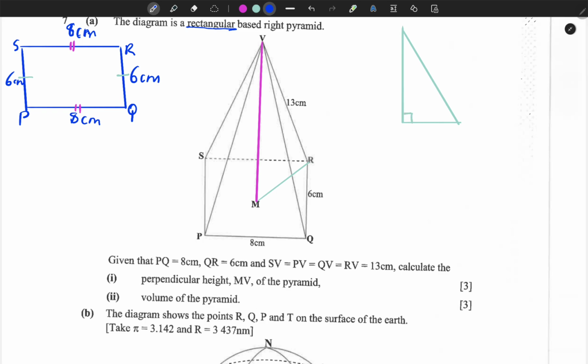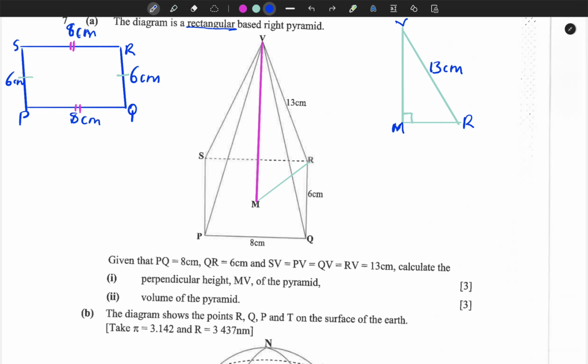The slanting edge V is 13 centimeters. We have M, then we have R. To find this distance here, we need this one so that we can bring in Pythagoras theorem. So how can we find the MR?